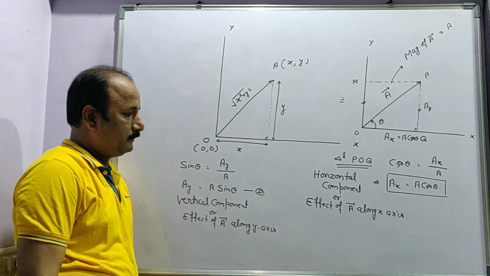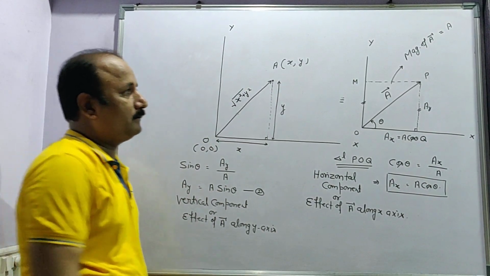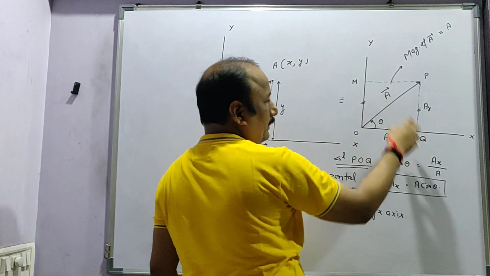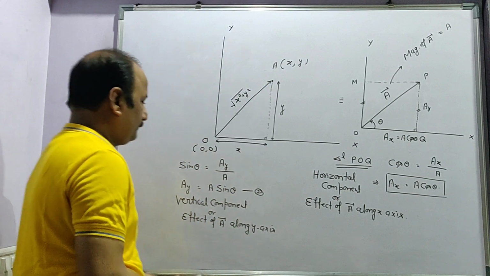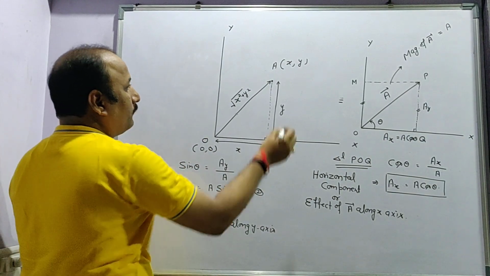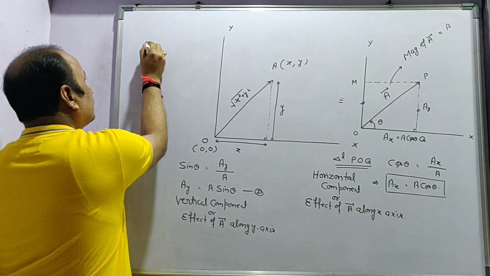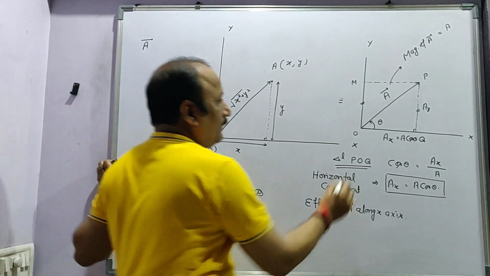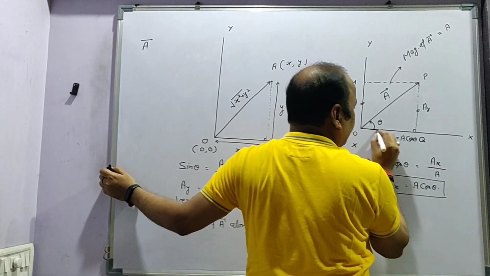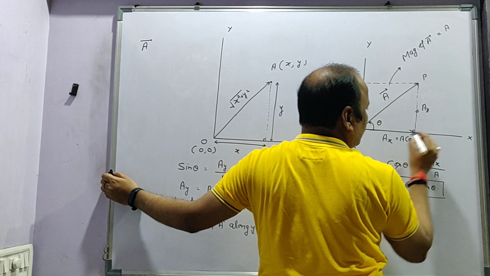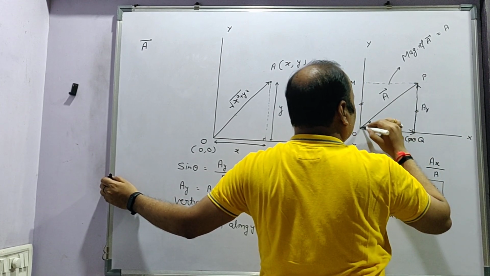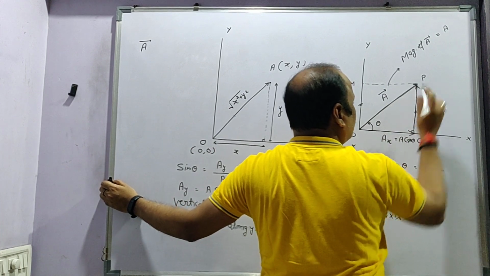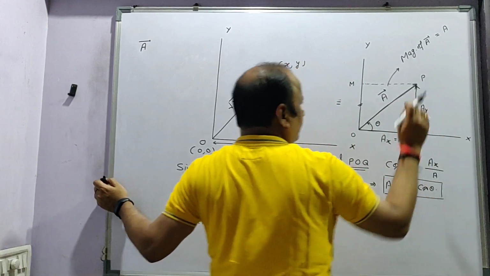Okay. So now we can write this vector in polar form. So what does it mean? Vector A is basically, if we add vector Ax plus vector Ay, then we get the resultant of both the vectors, meaning vector Ax as well as vector Ay.